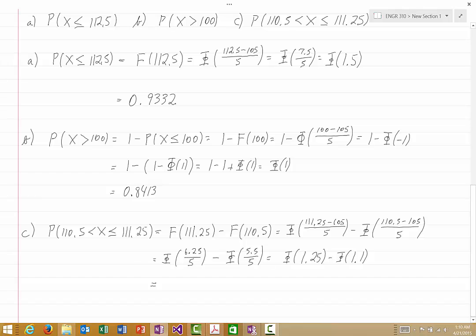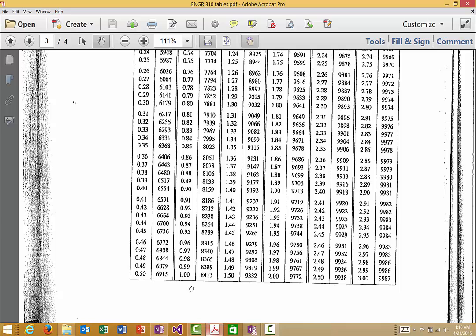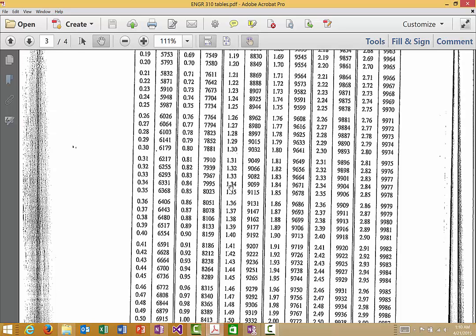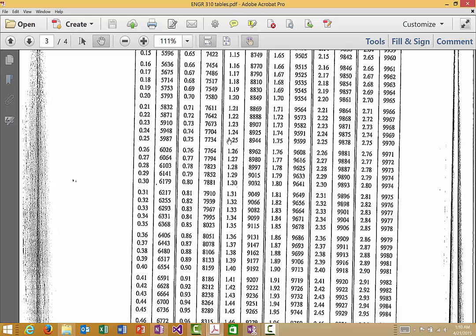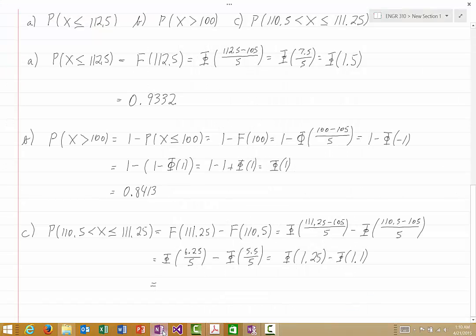And now once again we refer to the table A7. We had 1.25 and 1.1. For 1.25, the corresponding phi is 0.8944.